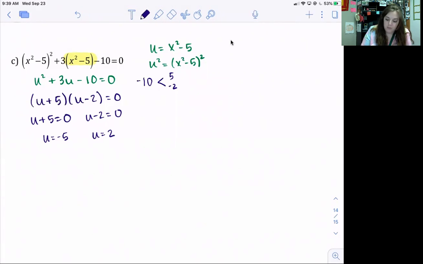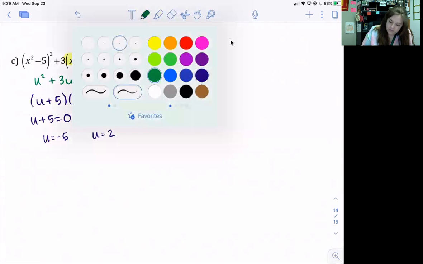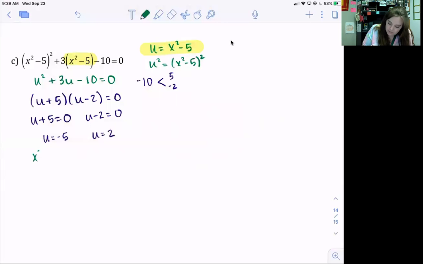Okay, now remember we need to plug back in our u, so we can solve for x. So now we can rewrite this as x squared minus 5 equals negative 5, or x squared minus 5 equals 2.